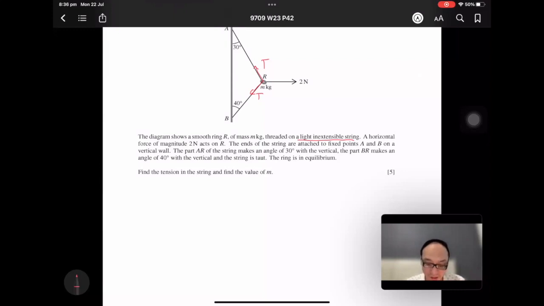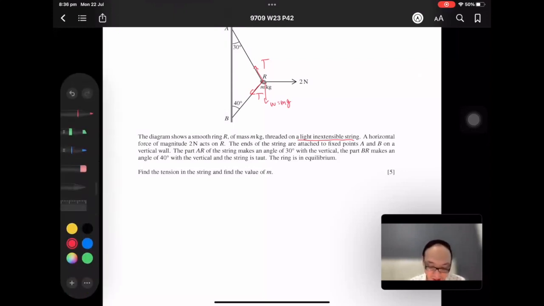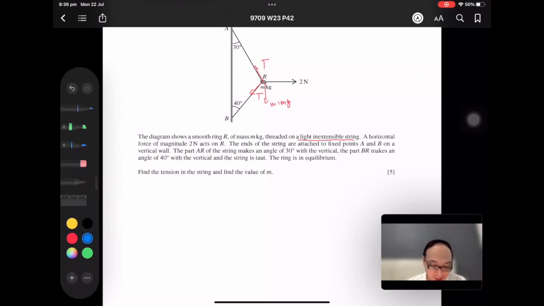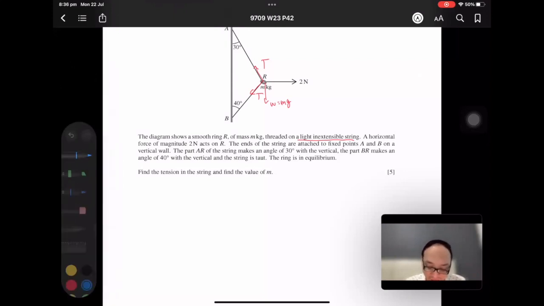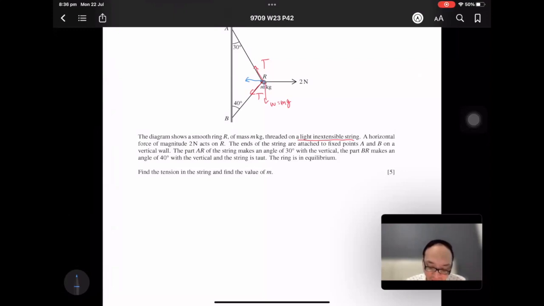So from the mass, we will have weight, mg here. And for the tension, we can split the tension into horizontal and vertical components.